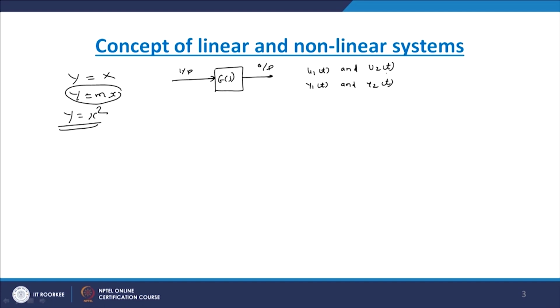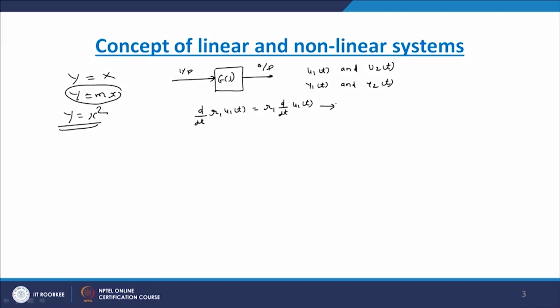Now, I am writing down the equation like this: d/dt of r1 into u1 of t. Here r1 is an arbitrary constant. So, this I can write as r1 times the differentiation with respect to t of u1 of t.